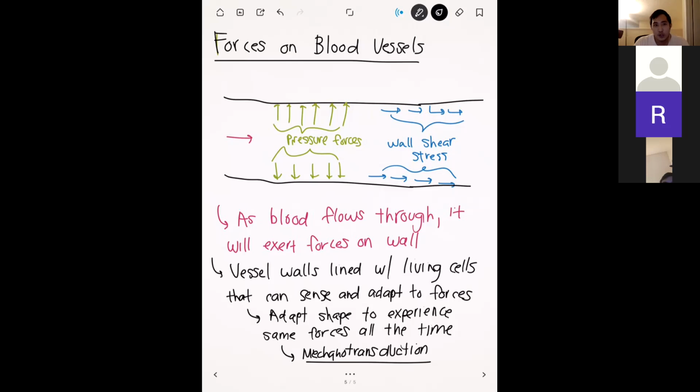And so when you exercise, even if you exercise a few hours a day, there's large parts of the day where you're not exercising. You kind of return to your resting conditions. And so, in order for a force to cause your blood vessel to actually adapt its shape, it has to take place over long periods of time. So we're talking months or weeks at the very least.